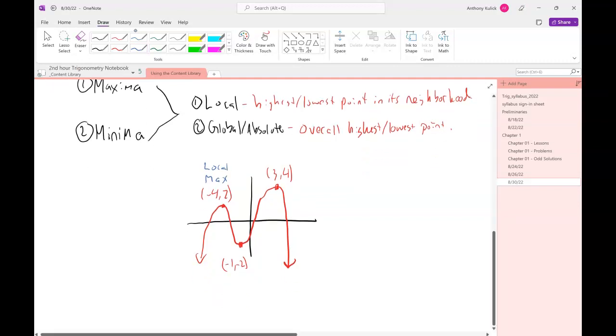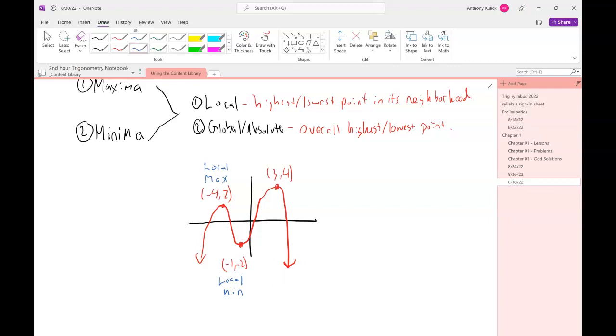Okay. How about -1, -2? Is that a maximum or minimum? Minimum. Okay. And is that local or global? Local. Why is it not global? Because it's the lowest point. It's not the lowest point. Yeah, the arrows pointing down contain points lower than that one, right?